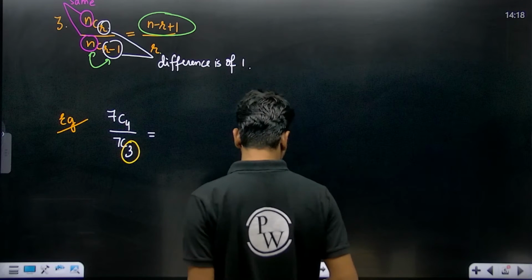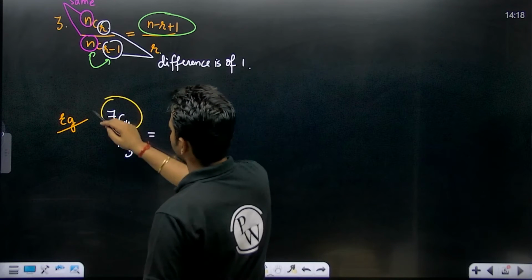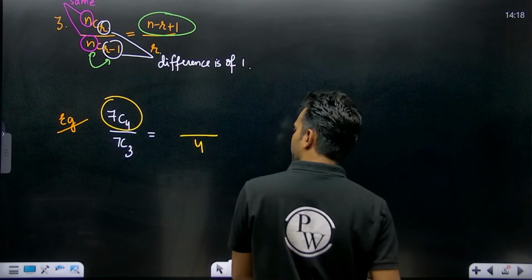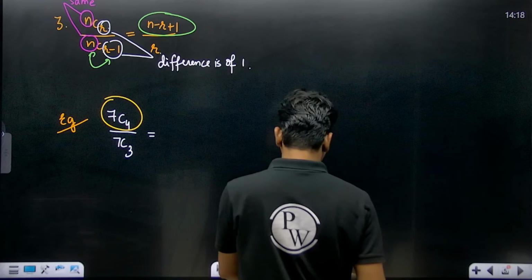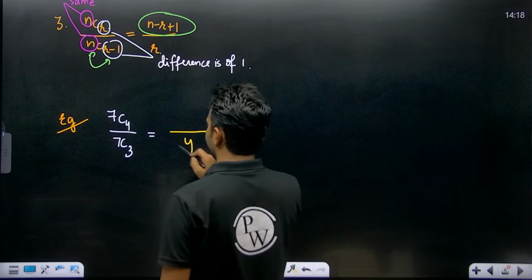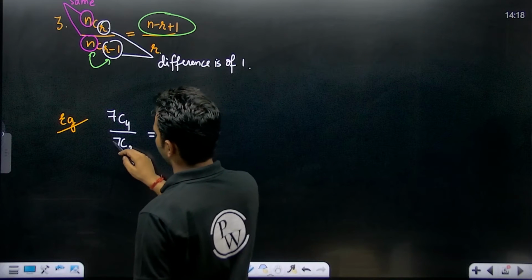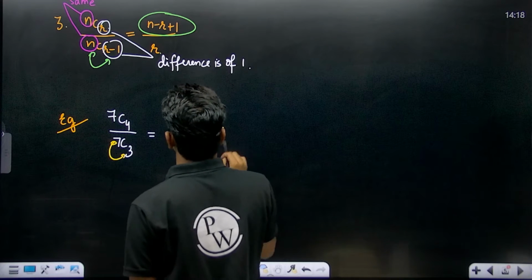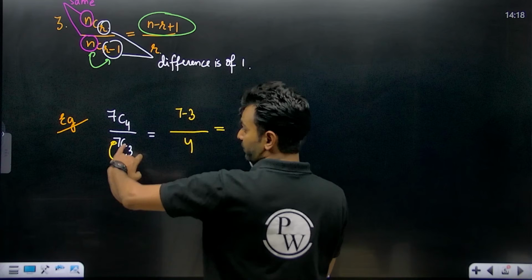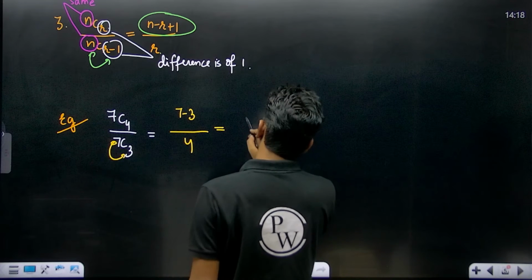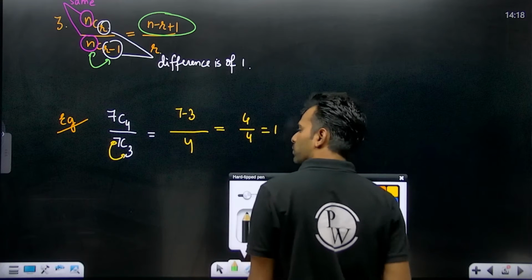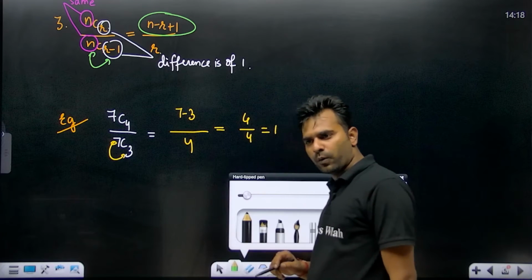I said if 4 is bigger, then opposite to this, we're going to write down 4 in the cross multiplication kind of a side. And in the opposite of this smaller one, what are we going to write down? The difference of these two. The difference of these two is going to be nothing but this. So it is going to be 4 by 4, that is equal to 1. Oh, 7c4 and 7c3 are both equal.